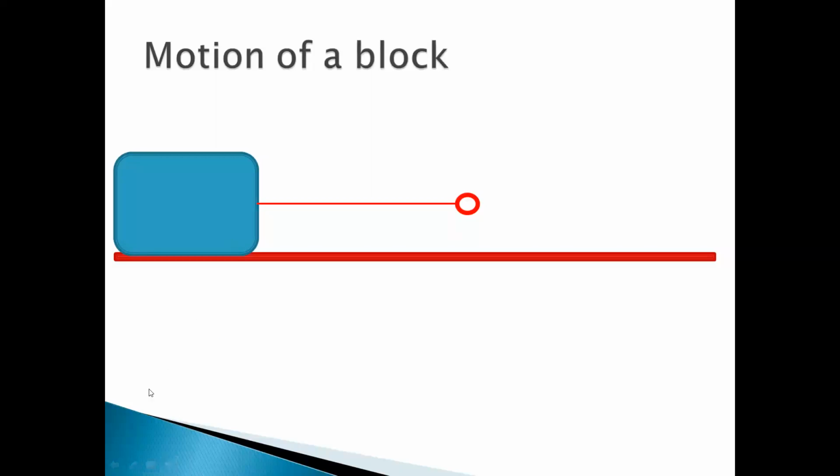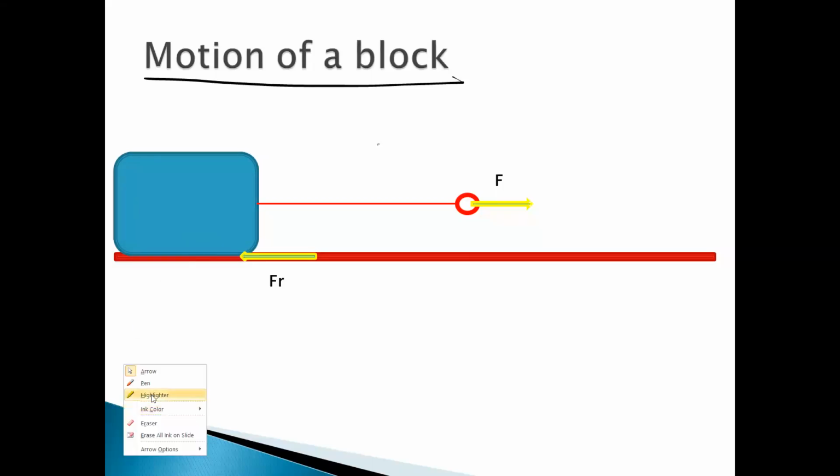Now here you can understand how the friction forces develop at the contact surface by considering the motion of a block. So here I have taken one block and it is resting on the horizontal surface. If I apply the force F on the object having some mass m, then immediately the friction force will come into existence.